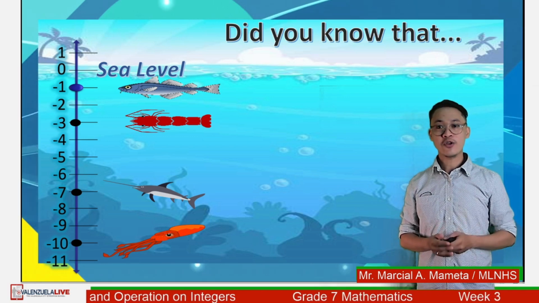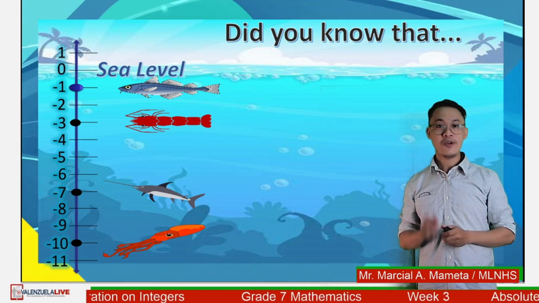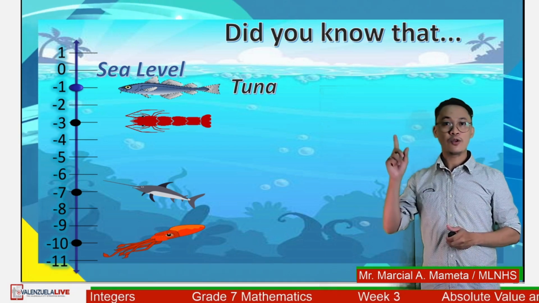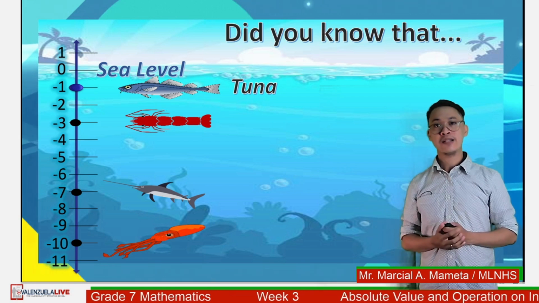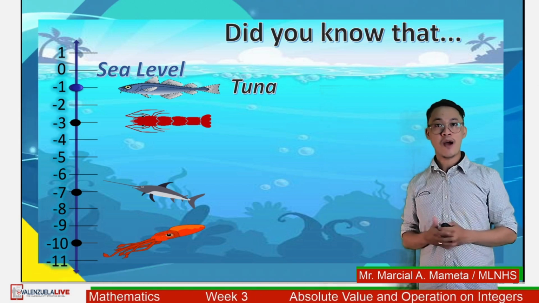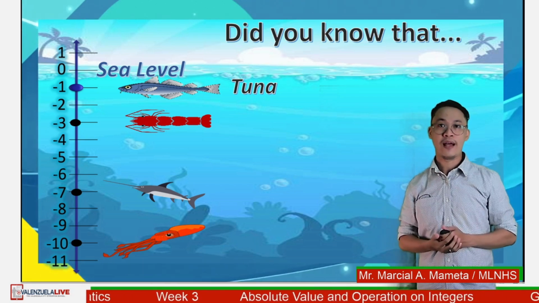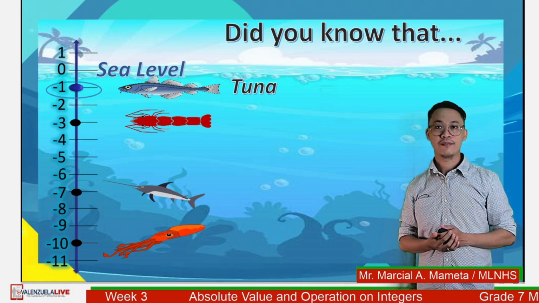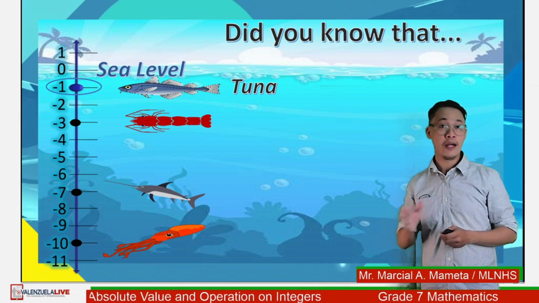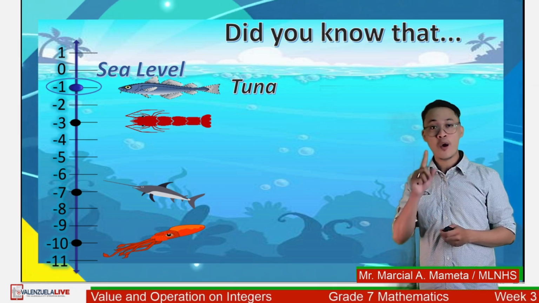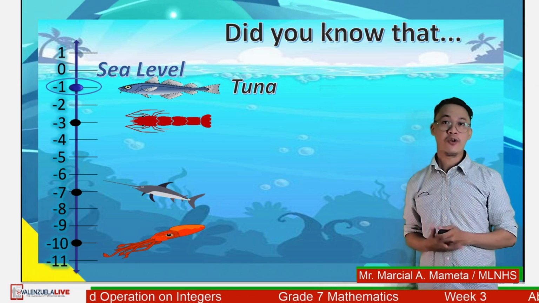Let me introduce to you our first sea creature, which is the tuna. Now, what is the distance of the sea level from our first sea creature, which is tuna? Tuna was located at the -1 of our number line. So therefore, it is 1 unit from our 0.